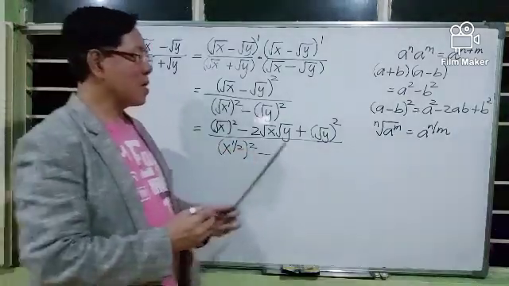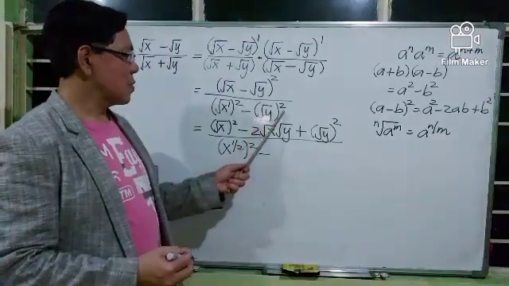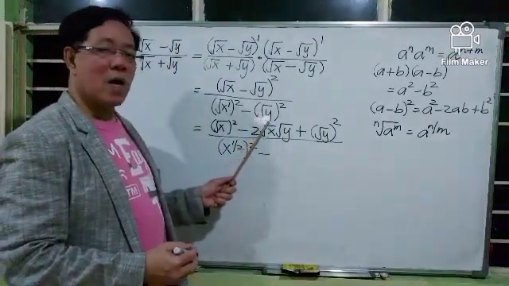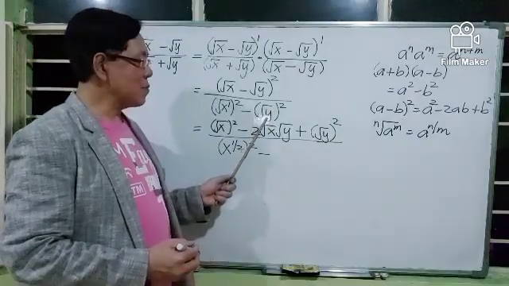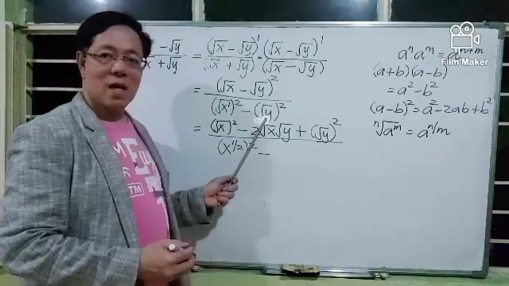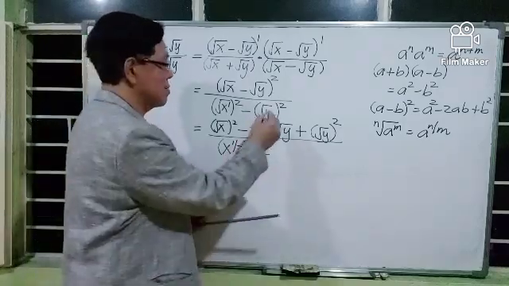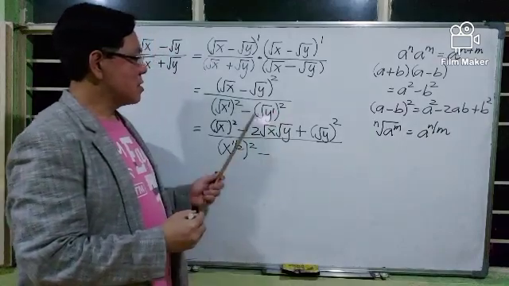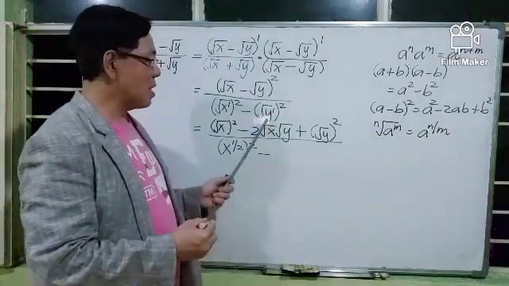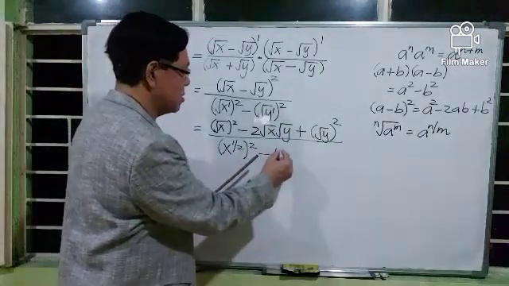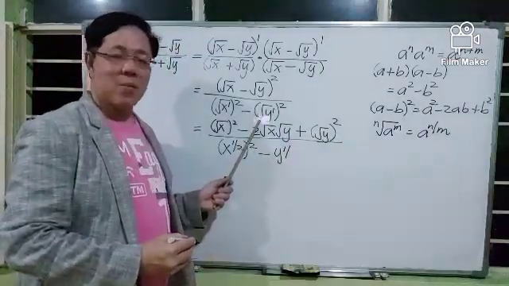Minus, we apply again this property of radical to the square of square root of y. For the square root, the index is 2. The radicand is y, and the exponent of y is 1. Hence, square root of y, by this property, can be written as y raised to 1 divided by the index of the radical sign.